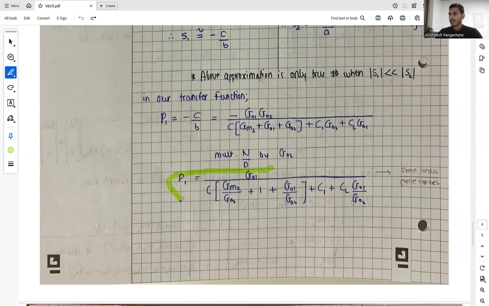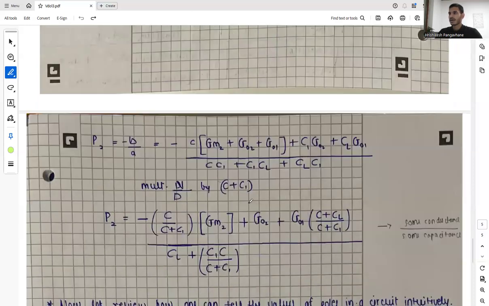This is where P1 will lie. We multiplied by GO2 to make it look like there is some conductance in the numerator divided by some capacitance in the denominator.